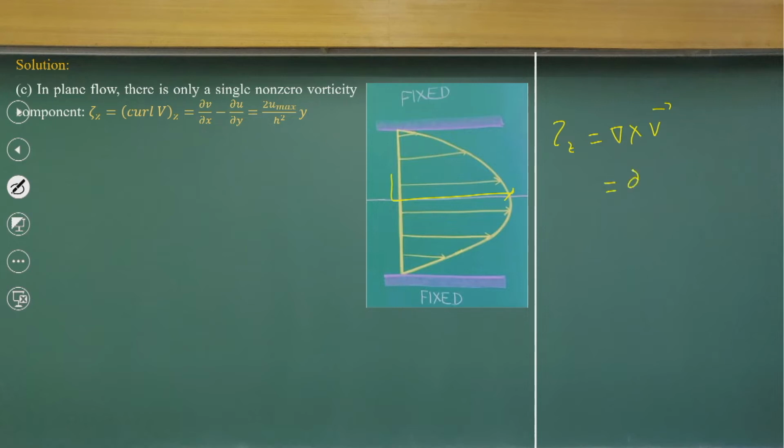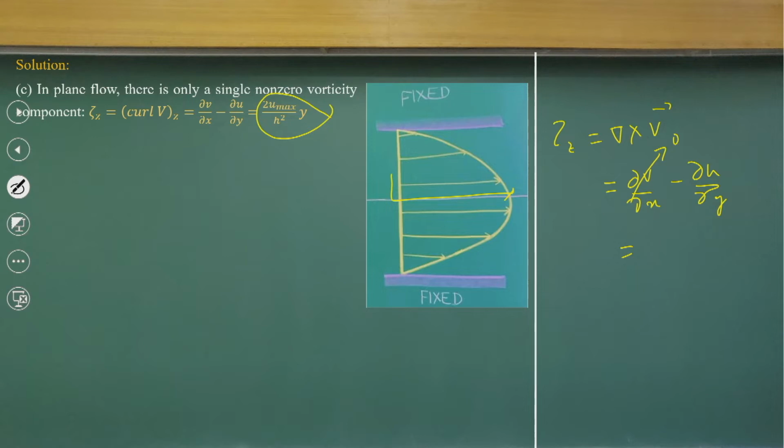That is dv by dx minus du by dy. Here v is 0, so you only have the partial derivative of u with respect to y, which comes to this value. So, non-zero vorticity components are there.